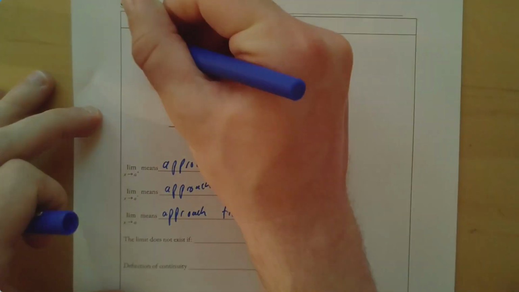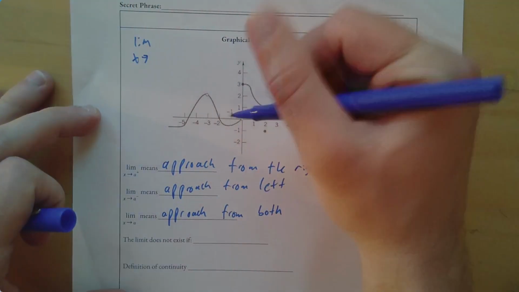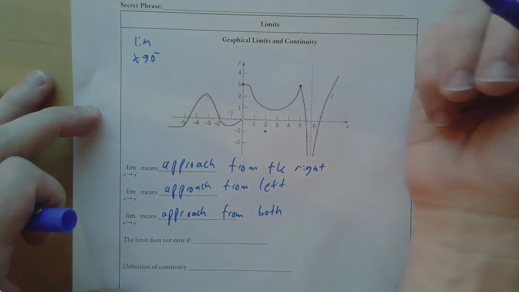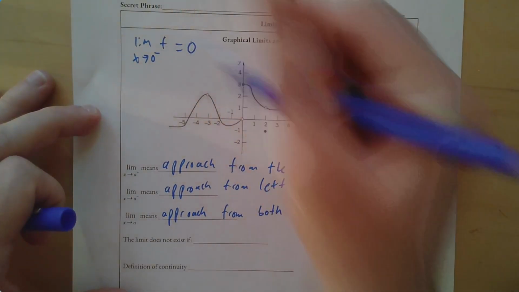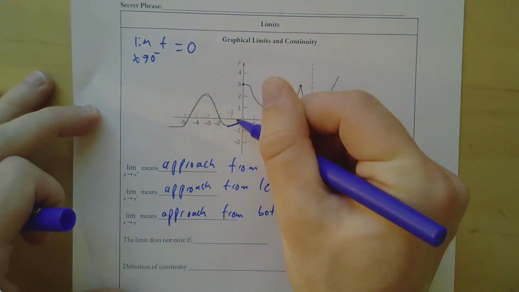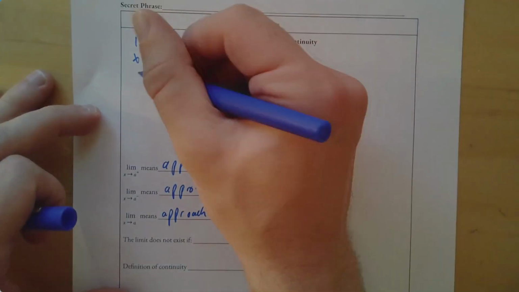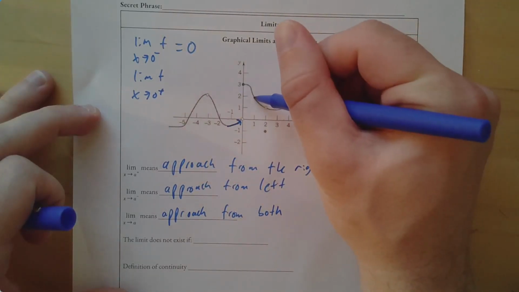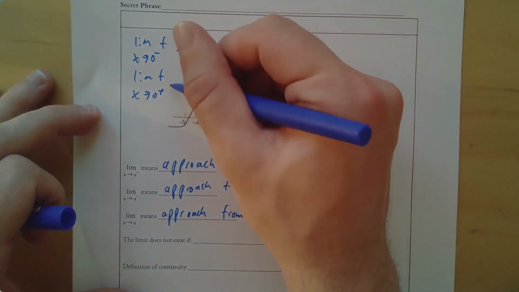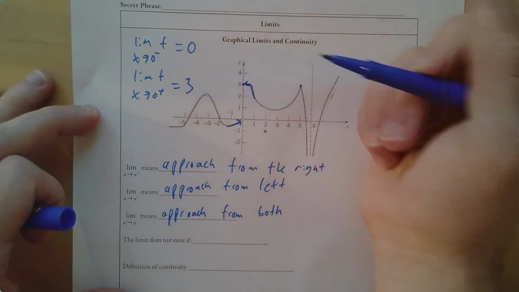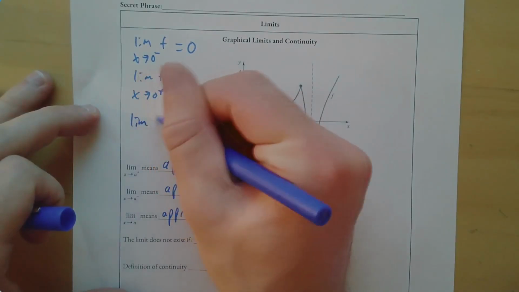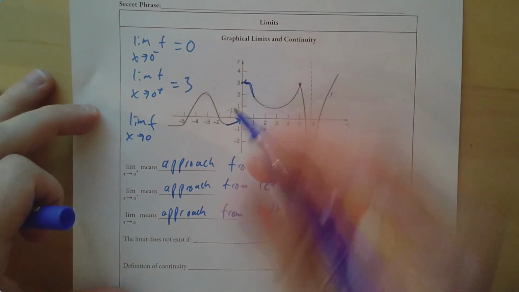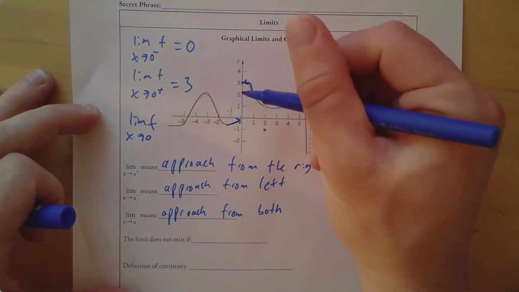Let's do some examples. The limit as x approaches 0 from the left of f would be 0, because as I approach 0 from the left, my y value is 0. As I approach from the right, my limit is 3. And so my limit overall, the limit of f as x approaches 0, would be what? You tell me, what is this limit right here?